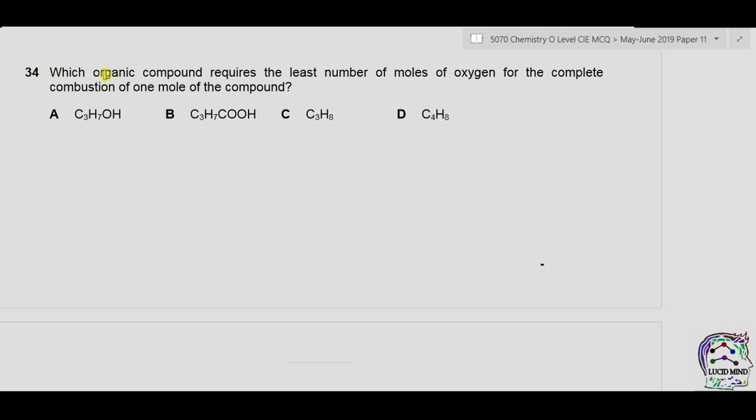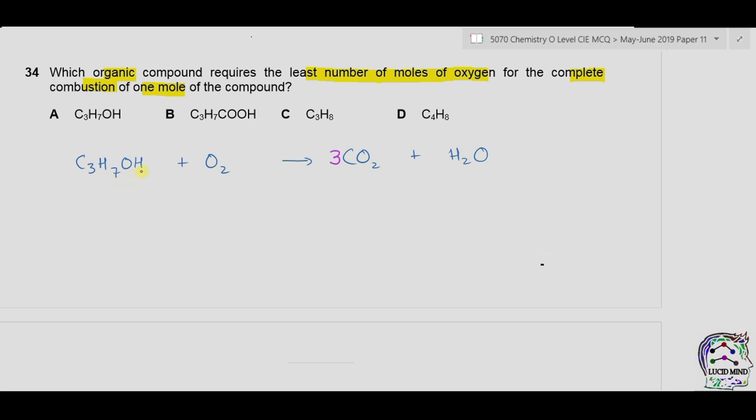Question 34. Which organic compound requires the least number of moles of oxygen for the complete combustion of 1 mole of the compound? Let's write the combustion reaction for each of the following. In A we have 3 carbons, 7 hydrogens and 1 OH. It will combust in the presence of oxygen to form carbon dioxide and water. Now let's balance the number of carbon atoms, as we have 3 carbon atoms on the reactant side and 1 on the product side. So we can write 3 with CO2.